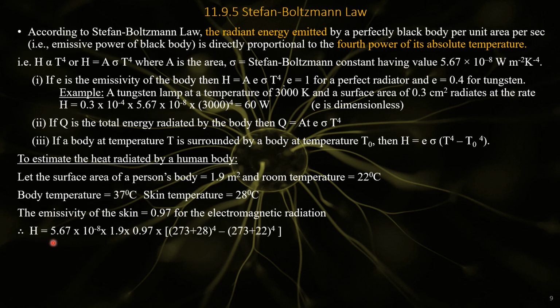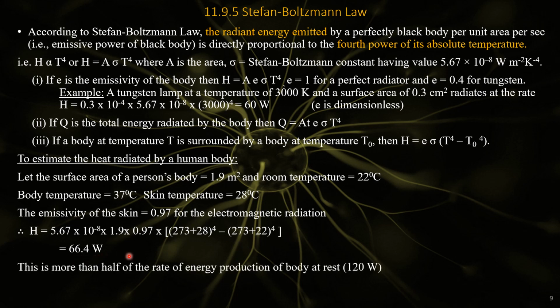Therefore, H is given by H is equal to 5.67 into 10 to the power of minus 8 into 1.9 into 0.97 into 273 plus 28, where 28 is the skin temperature, to the power of 4 minus 273 plus 22, 22 is the room temperature, that is surrounding temperature. That is 66.4 watts.